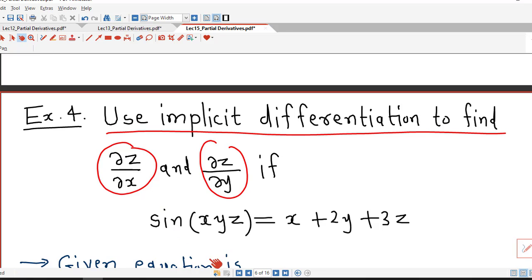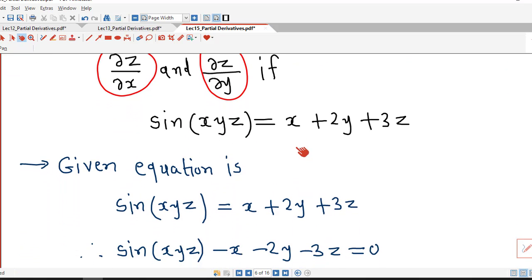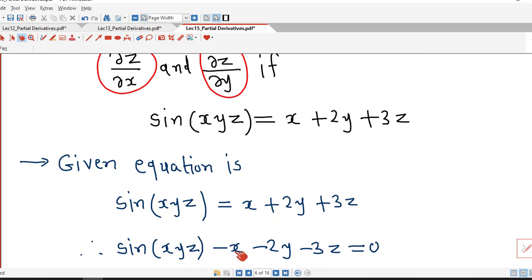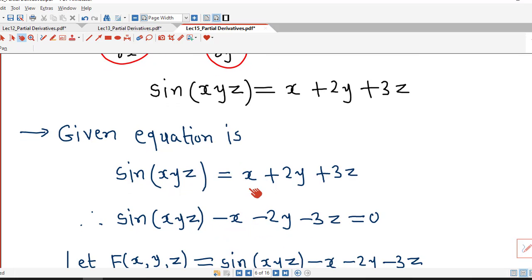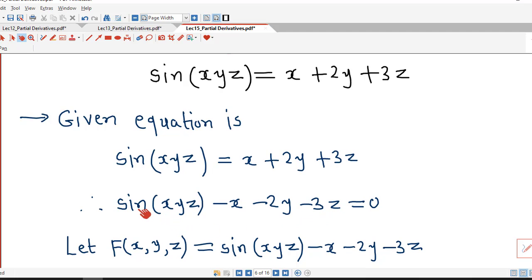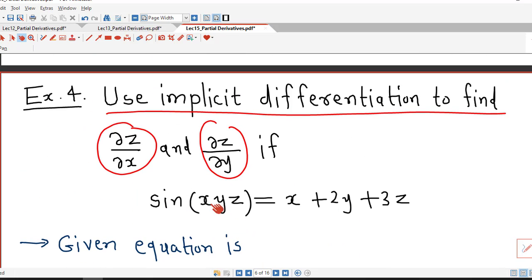So we start by rewriting the given equation as sin of xyz minus x minus 2y minus 3z equal to 0, and we denote the left hand side by capital F, which is a function of x, y, z. Now to find these two derivatives, we recall the formulas.